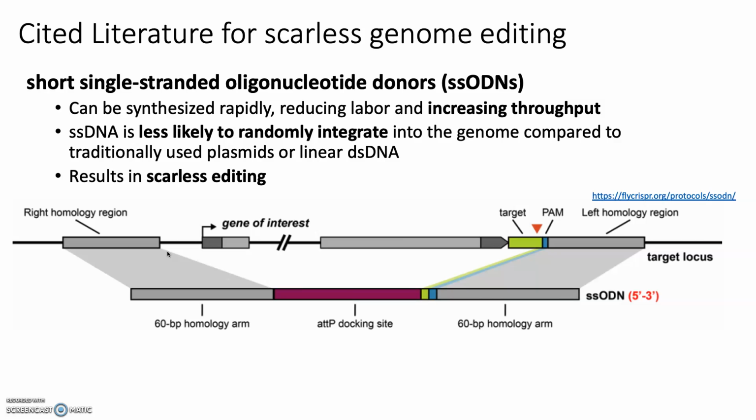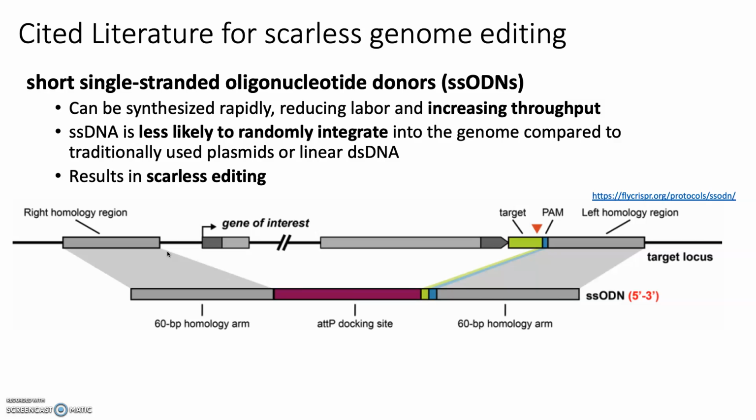So basically these are single-stranded DNA that can be in plasmid or linear that are introduced in the cell, and the outcome is that they have been observed to not produce scars through CRISPR Cas9 editing.